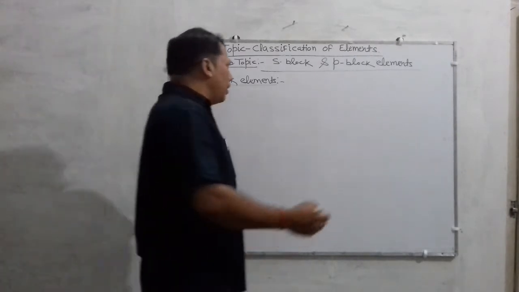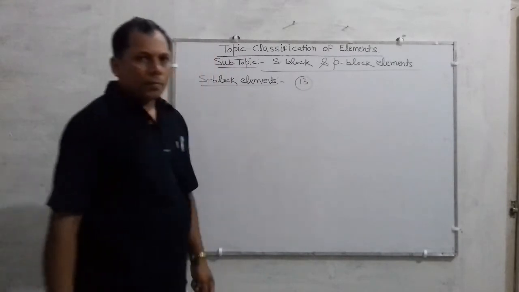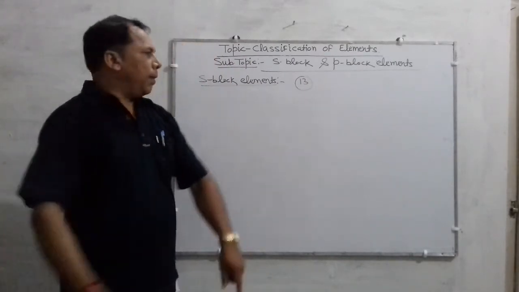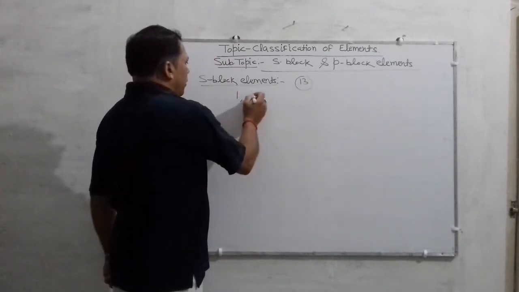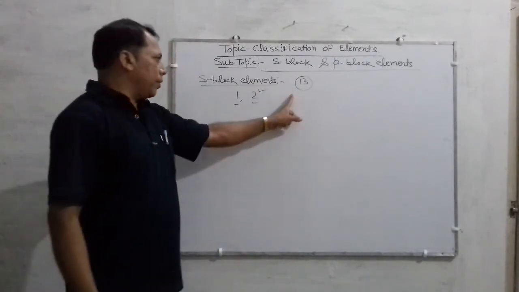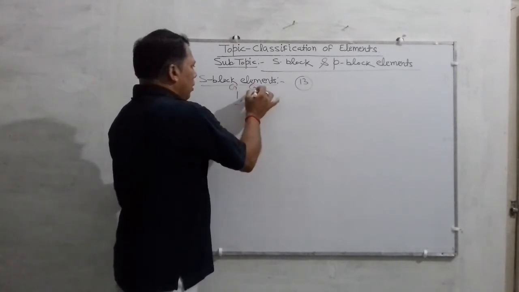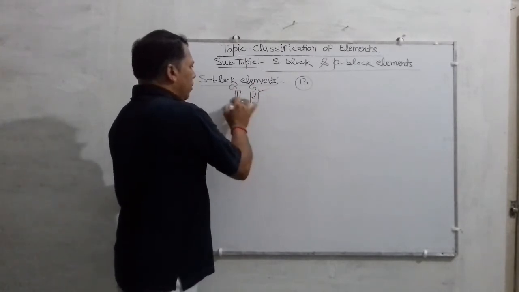And S block elements contain a total of 13 elements, and they are placed in group first and group second of the periodic table.